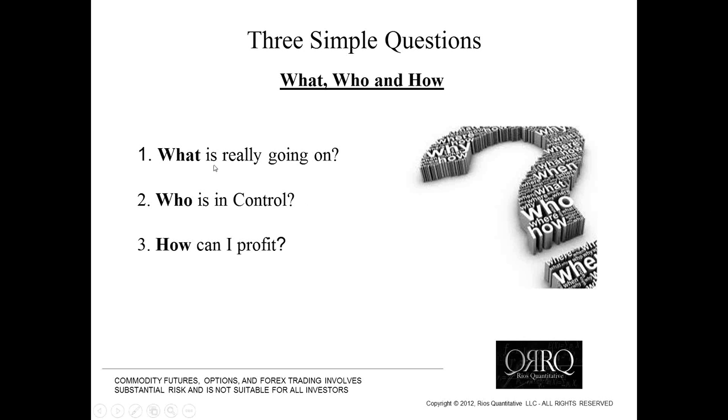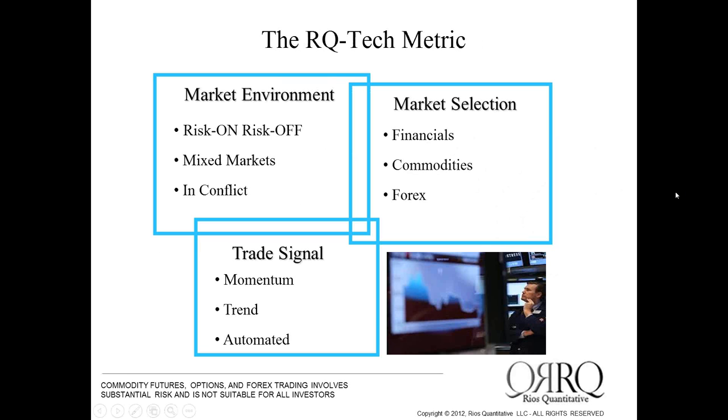So now we know what's really going on, and we know what position sizing we should be using. Now it's who's in control. Where is the money coming from? Where is it flowing? In order to know that, the first thing you have to do is recognize step one in this process. After you've asked yourself what's really going on and you know your position sizing, you have to ask yourself what the trading or market environment is.